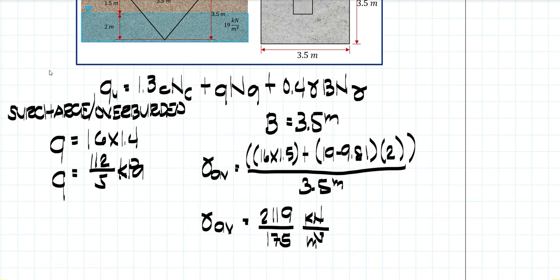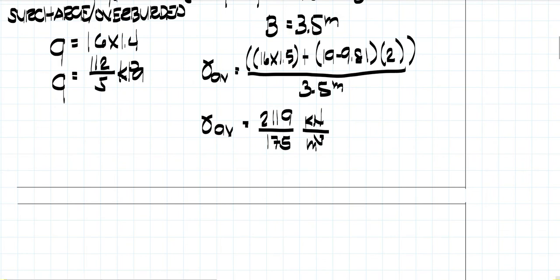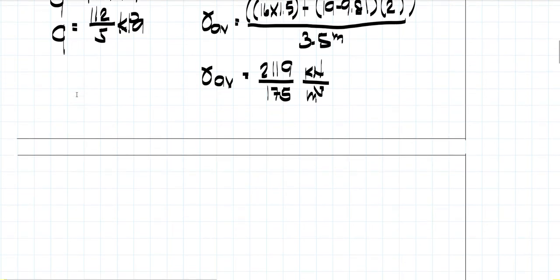So since pareho lang yung values ng bearing capacity factors nito coming from our previous sample problem on the item A, kasi we use Terzaghi's table.